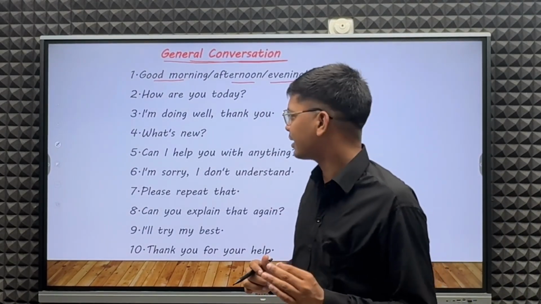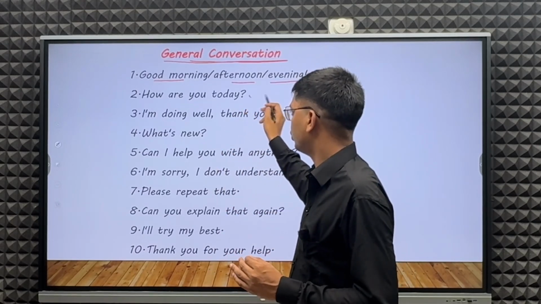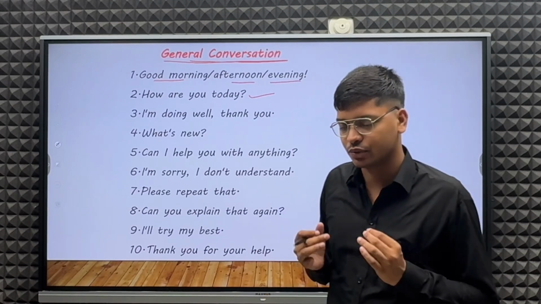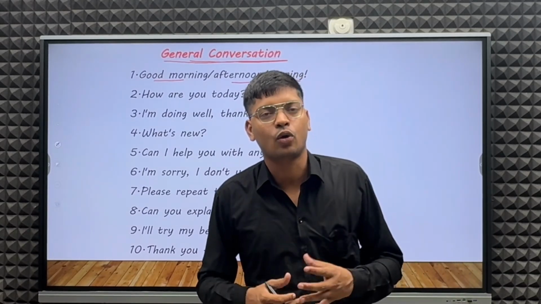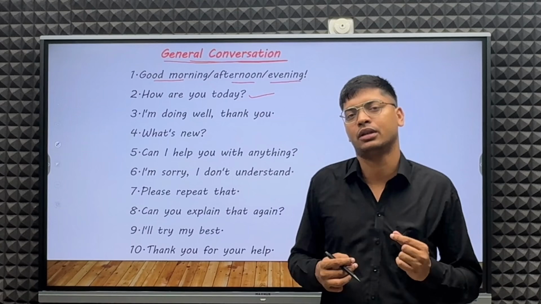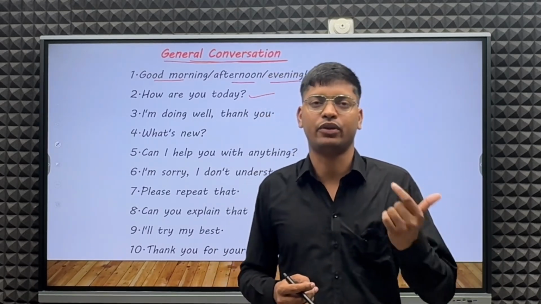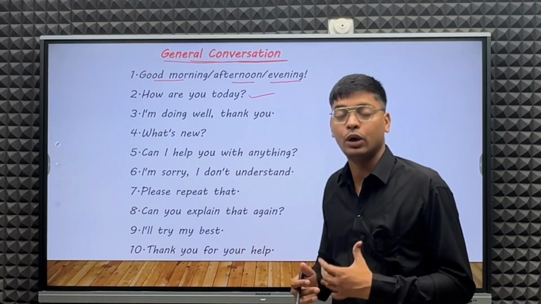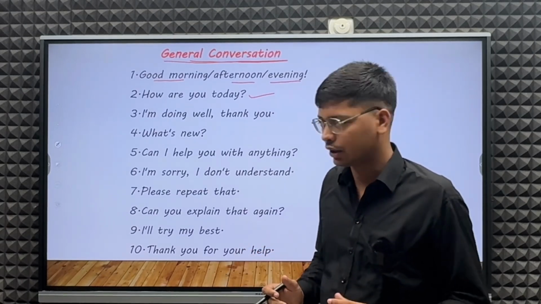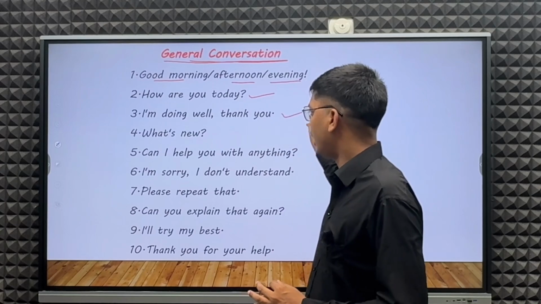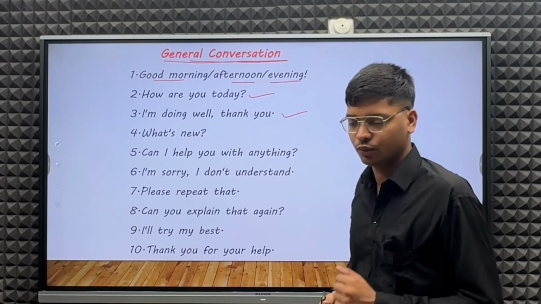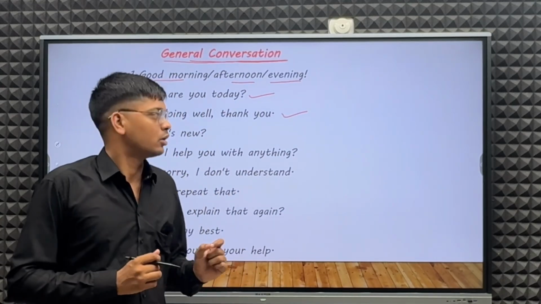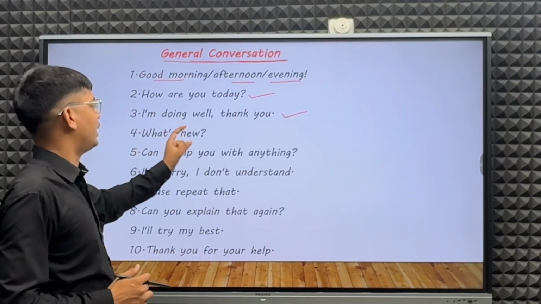Okay, next, how are you today? How are you doing today? We can commonly use this sentence when we meet a new person or my friends in daily life. Next one, I am doing well, thank you.